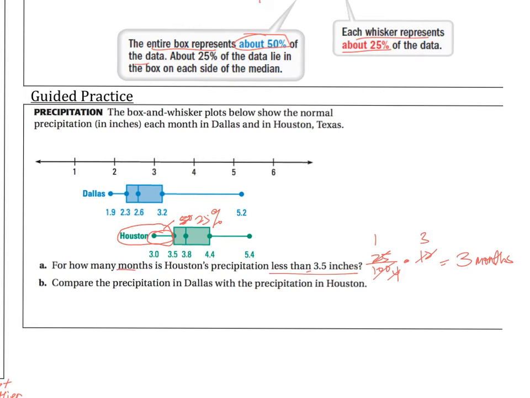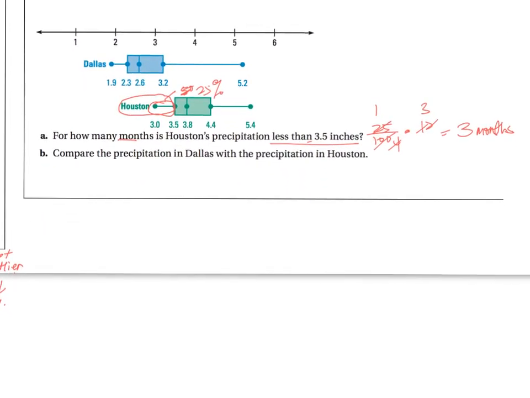And for part B, we want to compare the precipitation in Dallas with the precipitation in Houston. Well, for comparing, what I would like you to compare is the interquartile range and the range. Well, you can also discuss other items, but for now, just focus on these. And usually when I do a comparison, I will make a chart. Okay, so for the interquartile range for Dallas, it will be 3.2 minus 2.3.